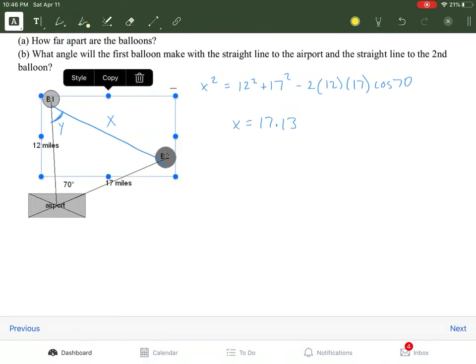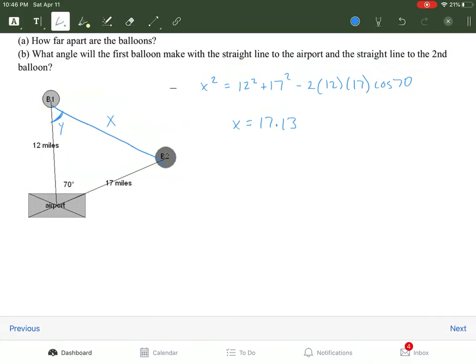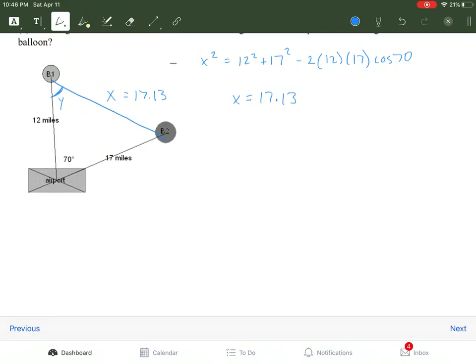So, we have that now. 17.13. What we're going to do now is use this value in our next problem, part B, to find what the y value is, this angle. Now we have a pairing. We have 17.13 and 70 as our pairing.